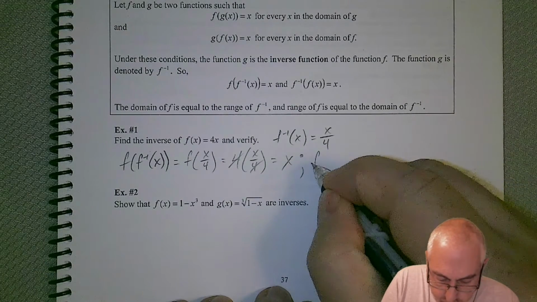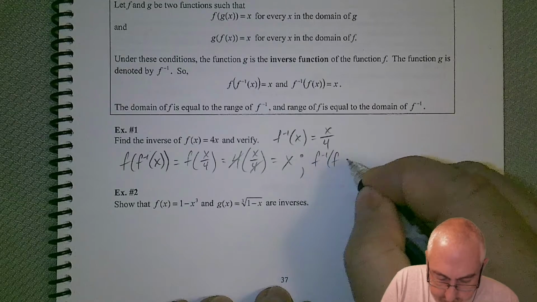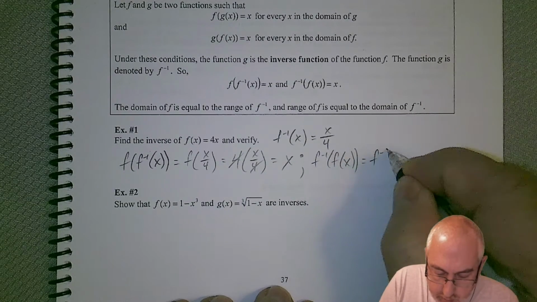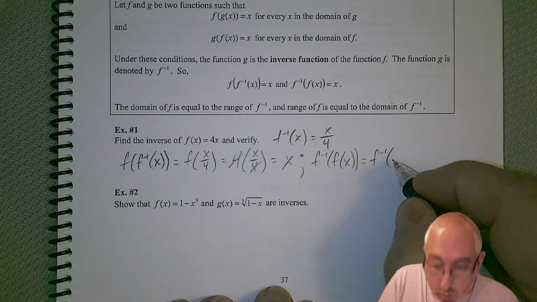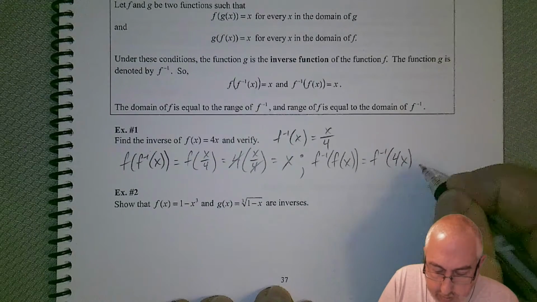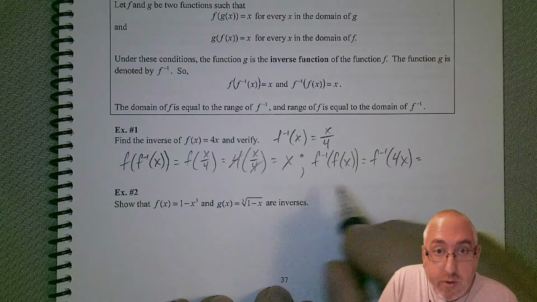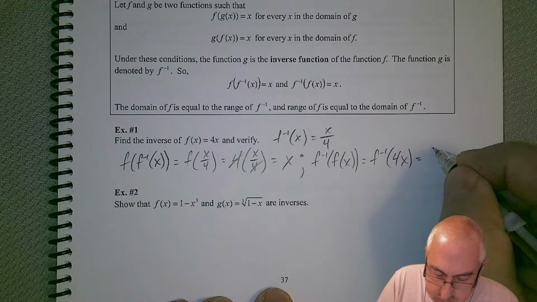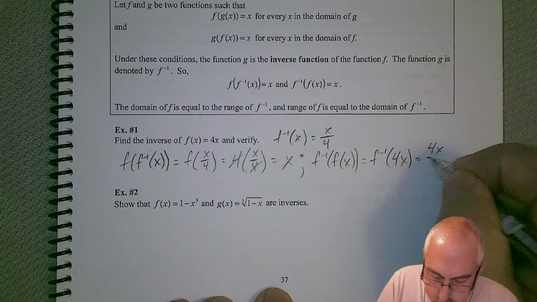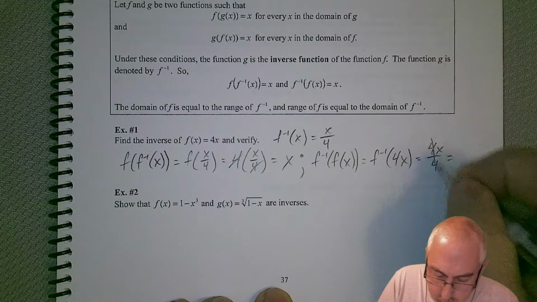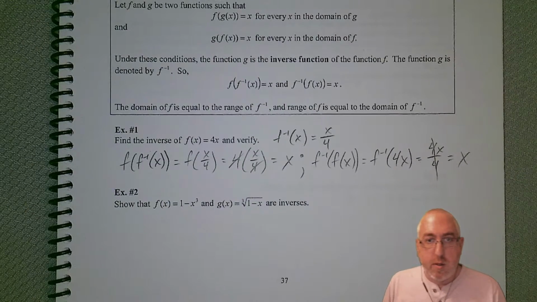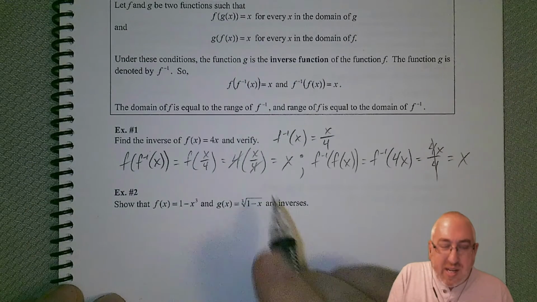We want to replace f of x with 4x, and then we can plop that into our x in f inverse. And lo and behold, we get x again. So it checks. All right, so that was an easier one.